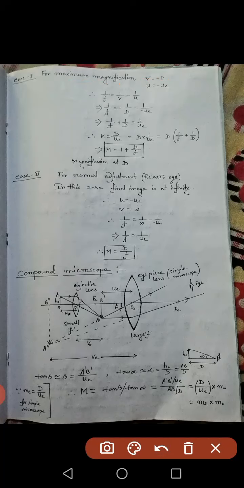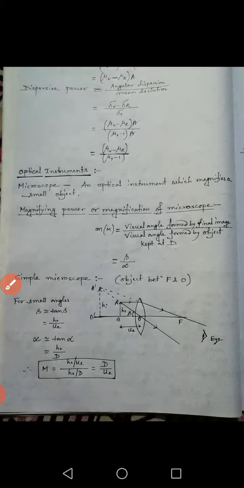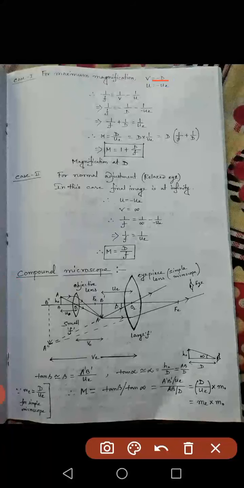So for maximum magnification V should be equal to minus D. Why minus? Because see in the figure all the distances generally we are taking on which side? On the left hand side. So on the left hand side the distances are generally minus if you use the sign convention. Okay, so that is why V should be minus D.